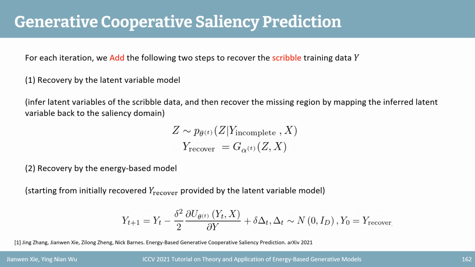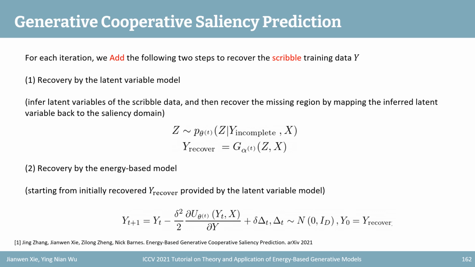It infers latent variables of the scribble data and then recovers the missing region by mapping the inferred latent variables back to the saliency domain. The other is a recovery step by the energy-based model. It runs a few steps of MCMC starting from the initially recovered results provided by the latent variable model.